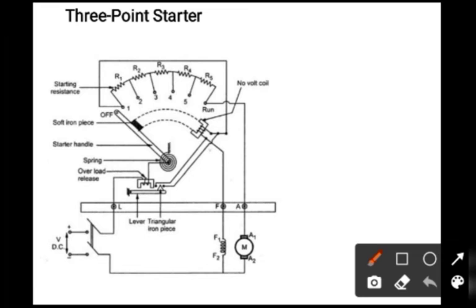Now the function of the NVC coil is that current starts flowing through the NVC coil when the handle is at position number 1.